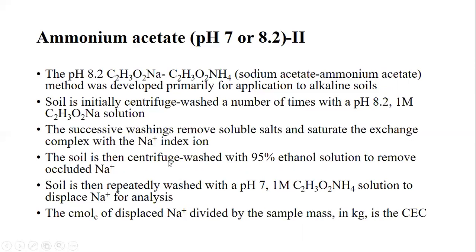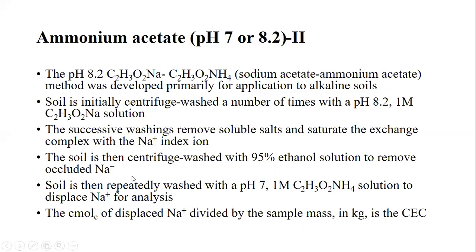So now we have to get it all. Soil is then repeatedly washed with pH 7, 1 molar ammonium acetate. So the ammonium will take the place and remove all the sodium. It will displace sodium. Sodium will come out.